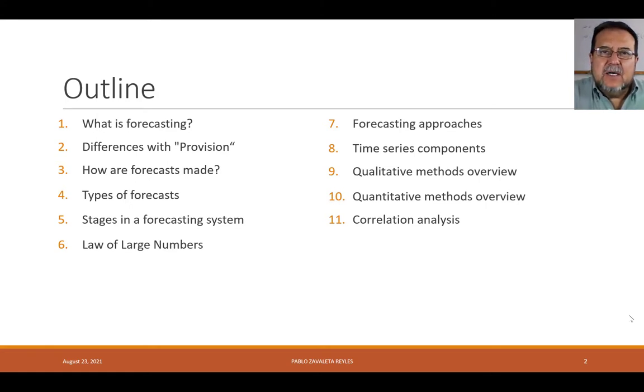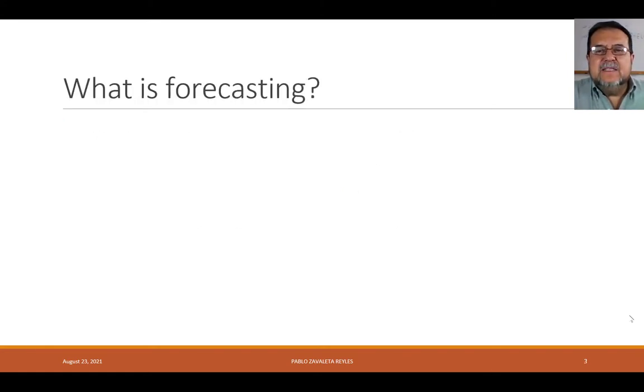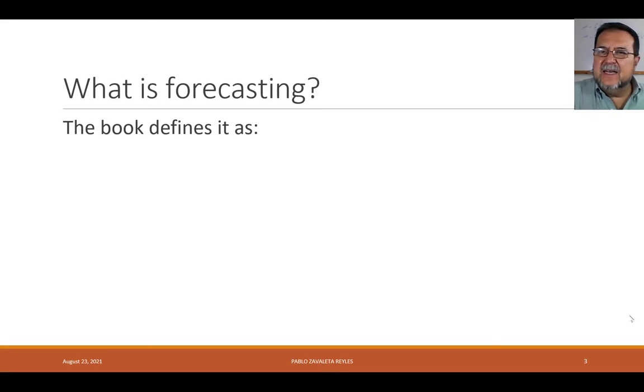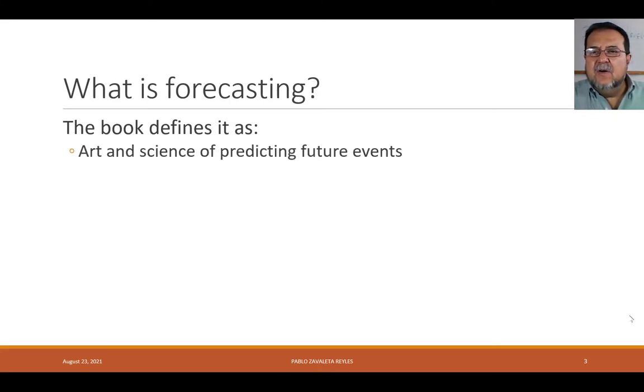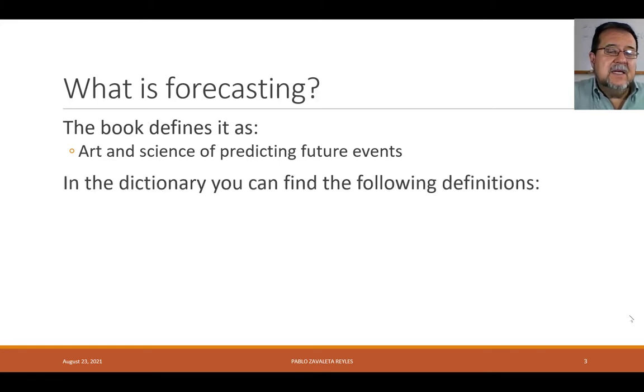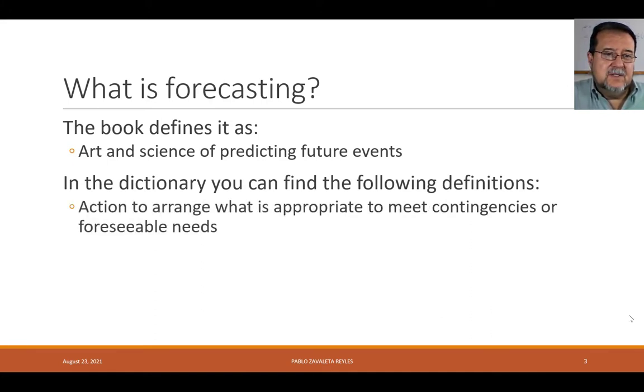Now, let's start directly with what is forecasting. In the book, they define it as the art and science of predicting future events. Yes, it's true, and in the dictionary, if you go and search for it, you will find some of the following definitions. The action to arrange what is appropriate to meet contingencies or foreseeable needs.